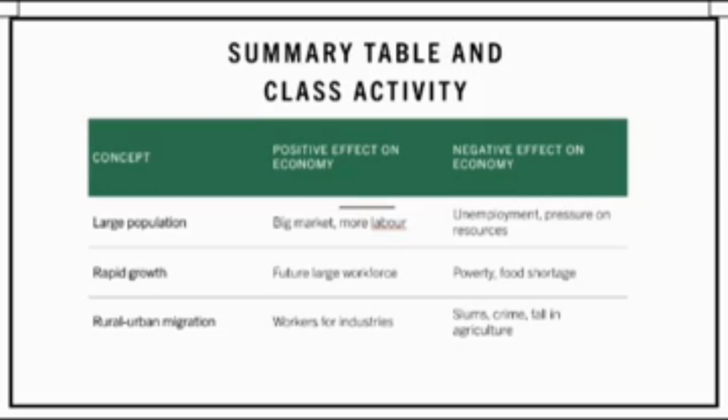So we can actually see the positive effect on the economy as well as its negative effect. For instance, the concept of a large population depicts big markets and more labor for an economy, which is a positive effect. While it also means unemployment and pressure on available resources for the same economy.